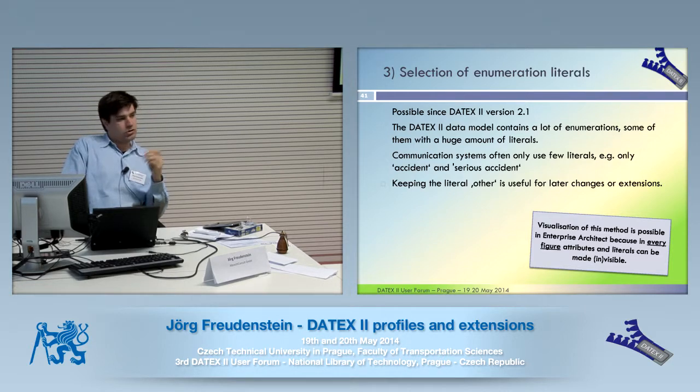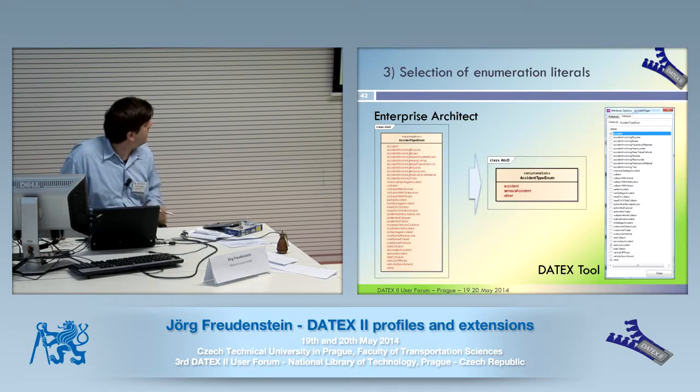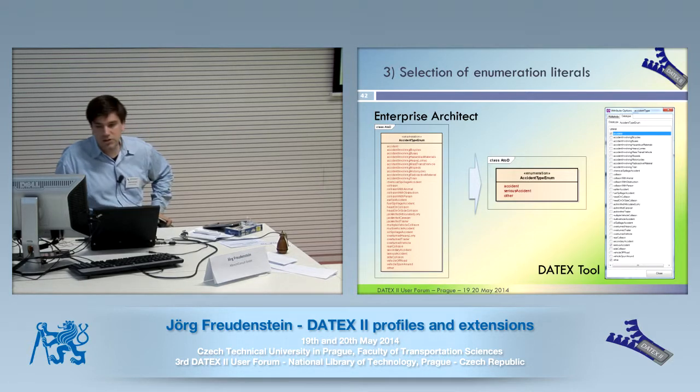This is easier to show in Enterprise Architect, because for every view you can go onto the tab for feature visibility and deselect things. So it's possible to have in this special view a selection which is smaller than the database in the background. Here you can see it. We have an enumeration for accident types.